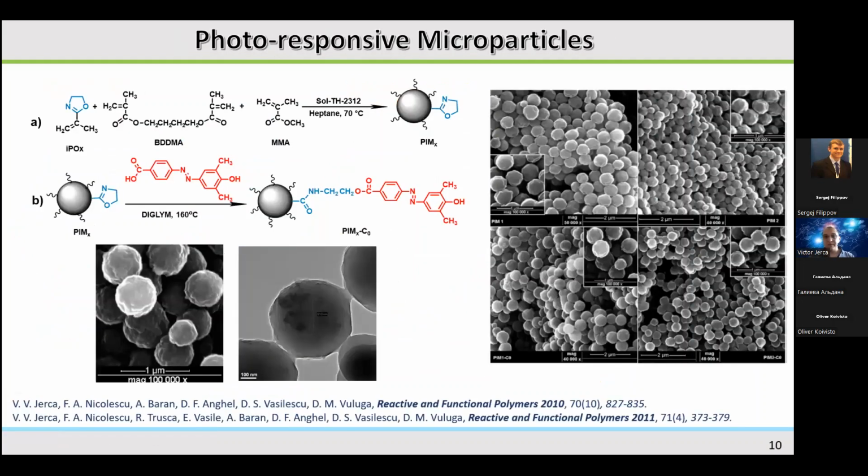So in our earlier work, what we tried to synthesize were some microparticles, and for this we used non-aqueous dispersion polymerization, with methyl methacrylate as a comonomer.